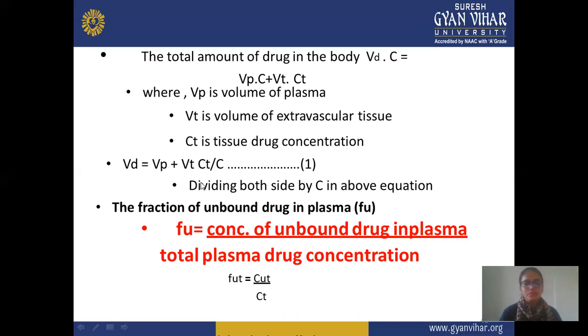When you divide by C, then you calculate the fraction of unbound drug in the plasma, that is FU. FU means fraction of the unbound drug in plasma, and FU is calculated with the help of this formula. In this, you write the concentration of unbound drug in plasma divided by total plasma drug concentration, FU is equal to CU divided by C. It's the formula for the fraction of unbound drug present in your plasma.